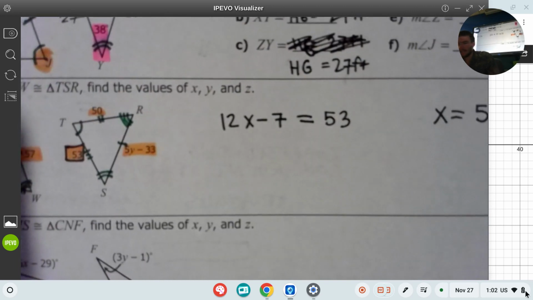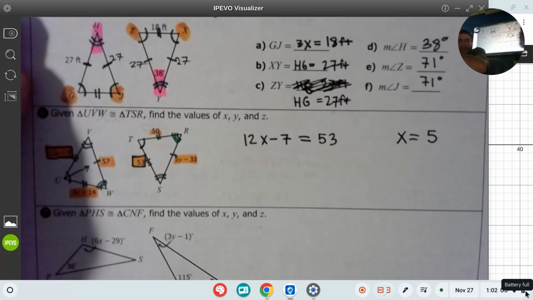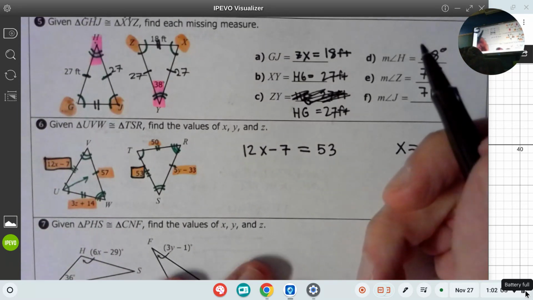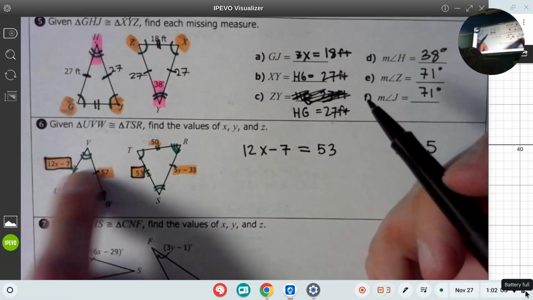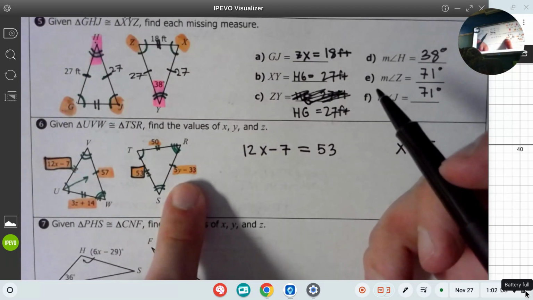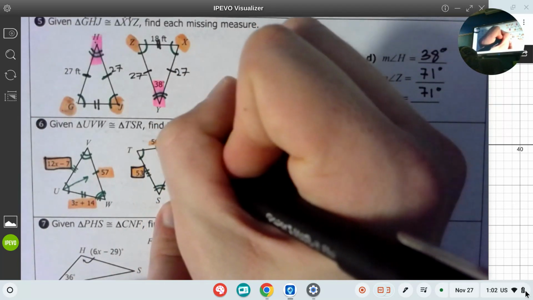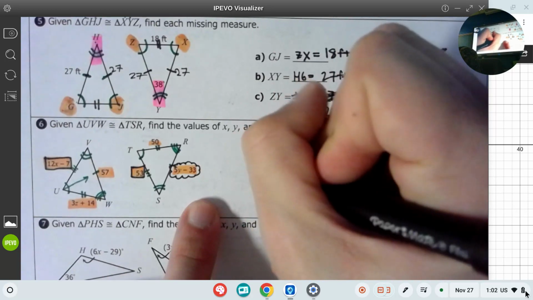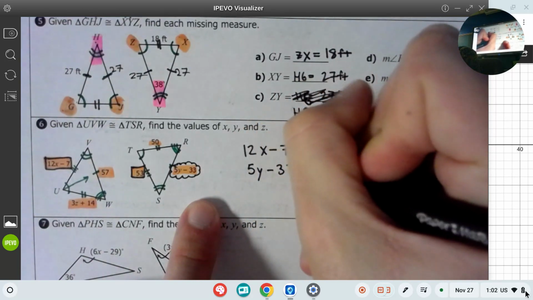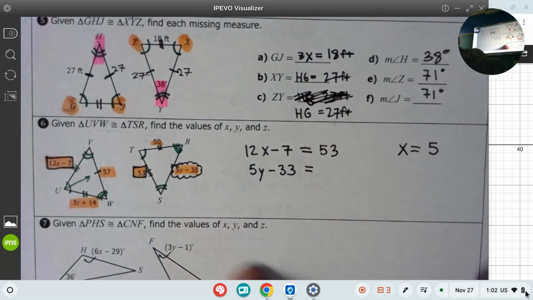Fantastic. Somebody help me out with the equation for y. Find your equation that has a y in it. I see it right here. This one has a y. It says 5y minus 33. And what should that be equal to?